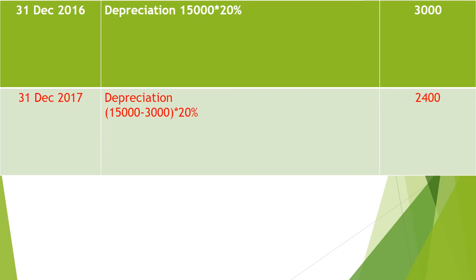So we will first find out the net book value. Net book value will be 15,000 less 3,000, that will be 12,000. 20% of 12,000 will be 2,400. He will take 2,400 in the income statement on 31st December 2017.